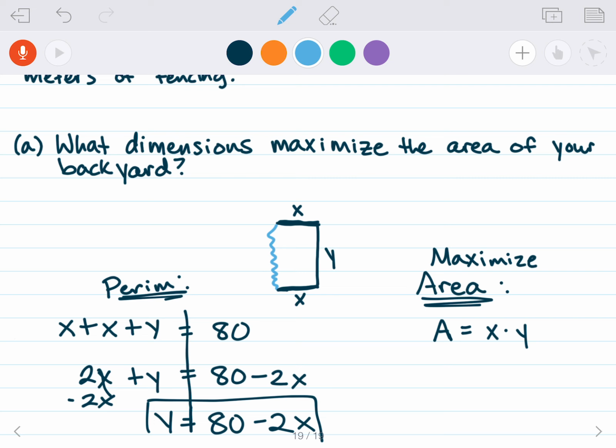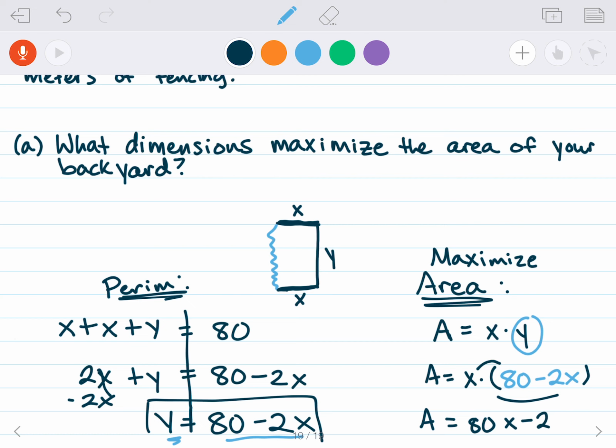And I isolated y so that I could plug in something in terms of x for it, so that I can have a function in one variable. Now y is equal to 80 minus 2x, so I'm going to plug that in for y up there. I can distribute that x in there, and I'm left with 80x minus 2x squared.